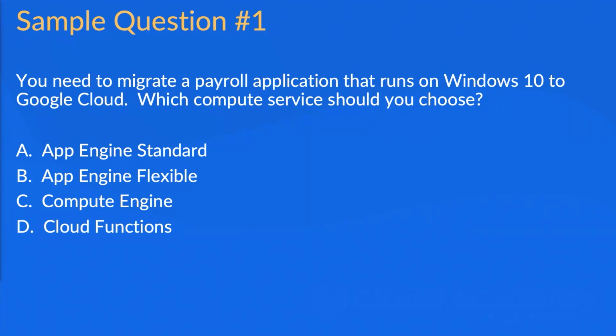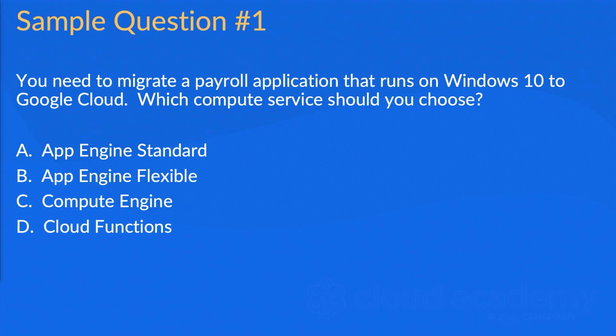It follows the standard format where it's going to give you some background. In this case, you have an existing application that you use for payroll that's currently running on a Windows 10 system. And now you have to migrate that to Google Cloud. So the key to this question is really having a good understanding of the different compute services and knowing which is most appropriate for this situation.